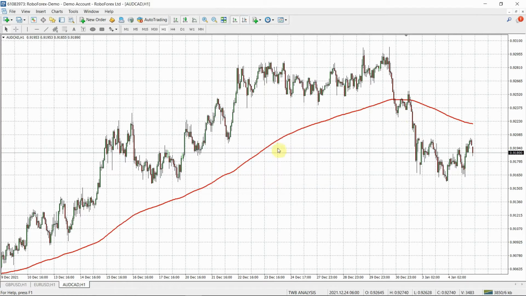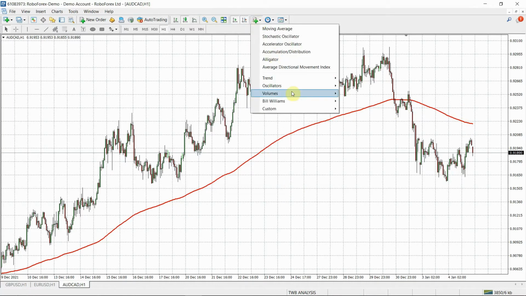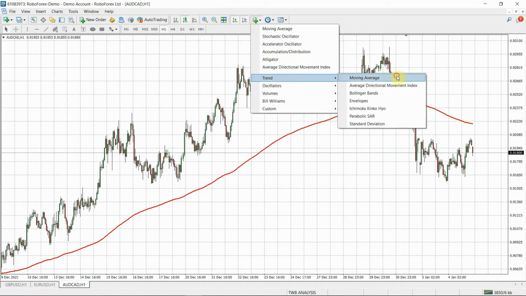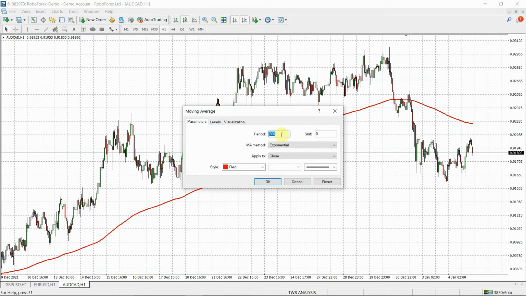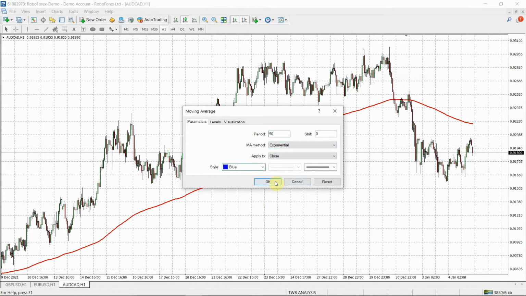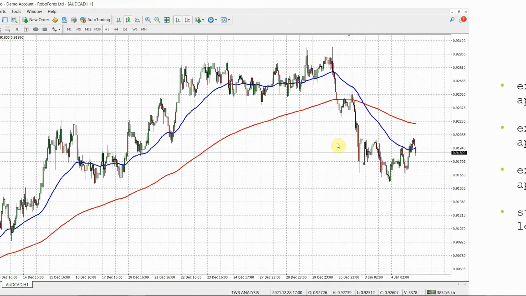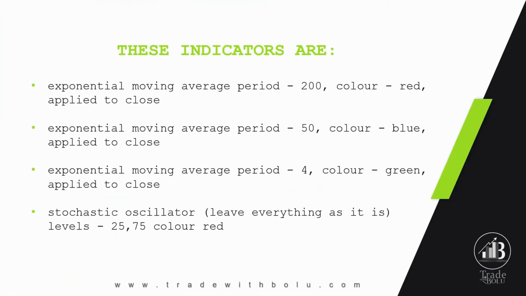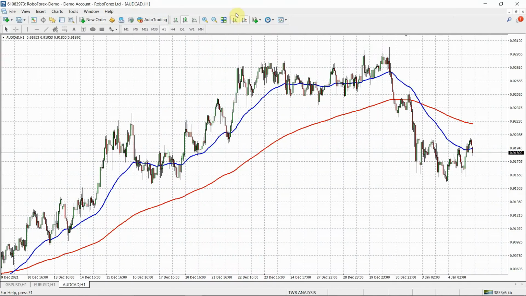And okay, so you have the dynamic support and resistance in red there, and we're going to be having another one in blue, so that's the 50 moving average. Okay, and that's going to be in blue. Awesome, so we have that in blue, and then we also have the 4 exponential moving average applied to the close as well.